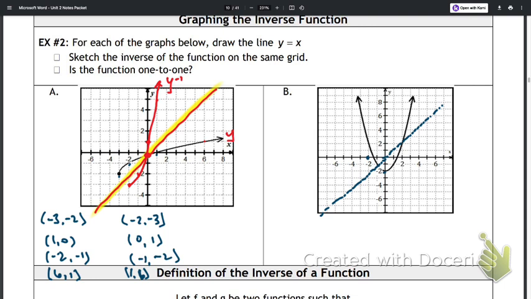We have the point at 1, -1, so it'll become the point -1, 1. We also have a point at -1, -1, which is also at -1, -1. We have a point at 2, 2, so this point will stay the same. You have a point at -2, 2, so that'll become 2, -2.